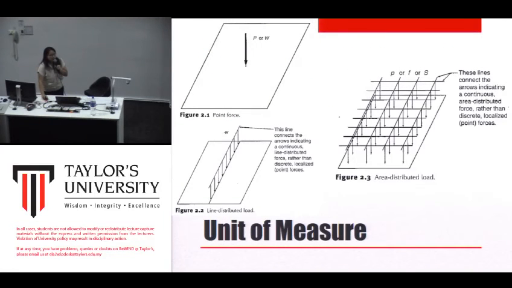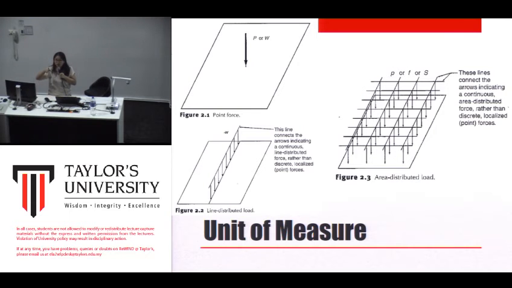So next one is unit of measure. Load is applied on a building in these three different ways. So first one is point load. Can you give me an example? What will result in a point load on a building? Sorry?